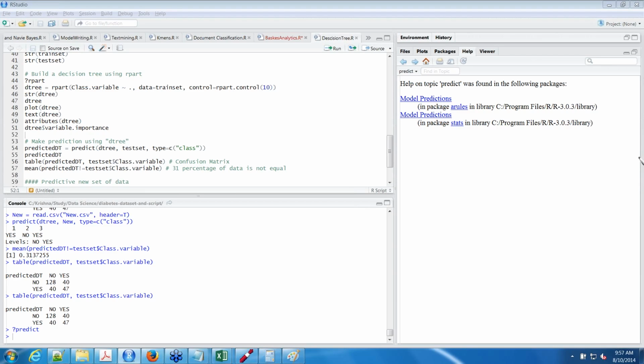Yes, control will be the maximum depth of the tree, up to what level of iteration it can go. Fine, Arun? So here, this is the code. This is going to be the dependent variable, tilde, dot, which means all other columns.